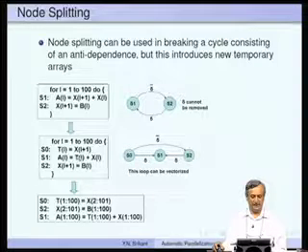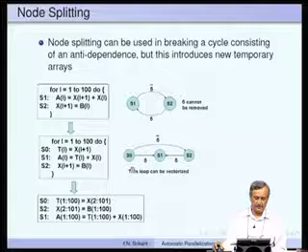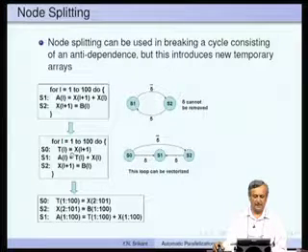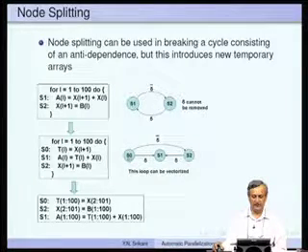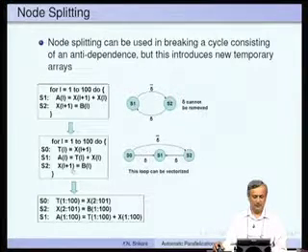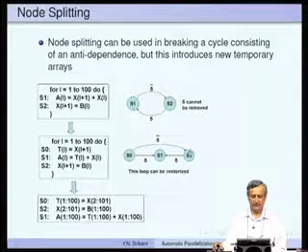So, between S0 and S1 there is an anti dependence for the T[I], sorry, the flow dependence between this T[I] and this T[I]. So, that is here, and then from S0 this particular x[I+1] and this x[I+1] have an anti dependence. So, that remains as it is, and then between S1 and S2 we have a flow dependence from S2 to S1.